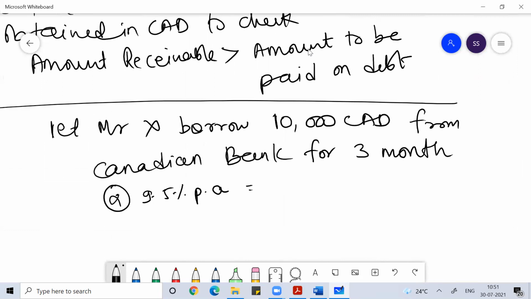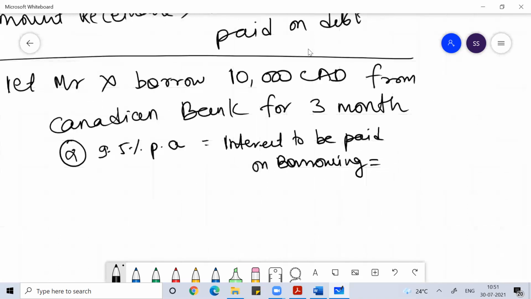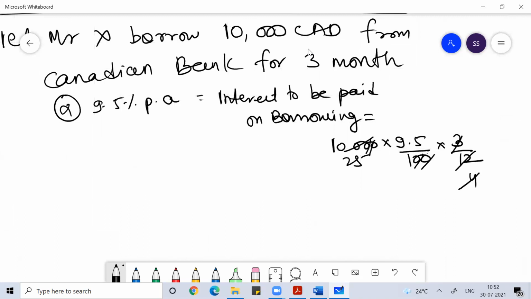Okay, so how much interest does he need to pay on borrowing? That will be equal to 10,000 at 9.5% for 3 months. So two zeros get cancelled. This is 4, this is 25. 25 into 9.5.